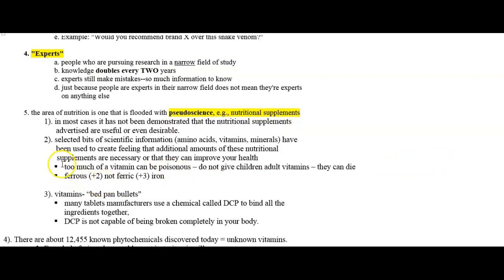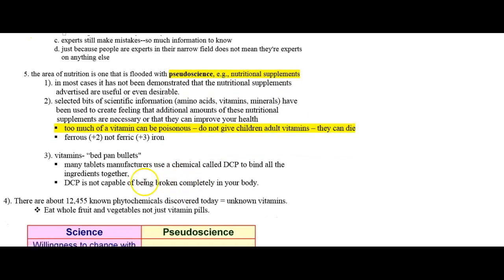And be careful with this. Too much of a vitamin can actually be poisonous. Do not give children adult vitamins, especially not iron. And when you buy your vitamins, you need to do a little research on them because sometimes forms are sold that your body actually cannot use. And some vitamins are called bedpan bullets.